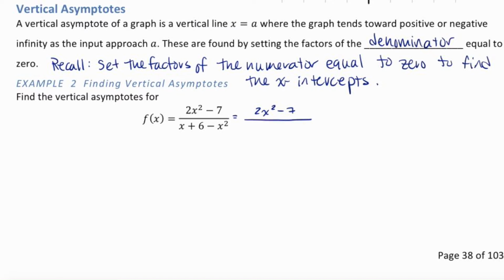But we can rewrite our denominator. First, let's put the x squared term up front. Next, let's factor this.